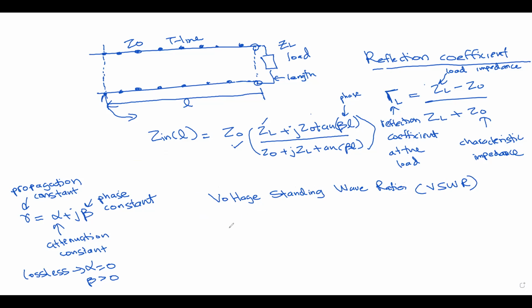Voltage standing wave ratio, VSWR, is defined as the ratio between the voltage maximum that you observe and the voltage minimum that you observe in the transmission line.